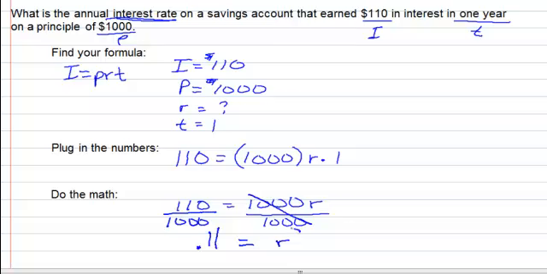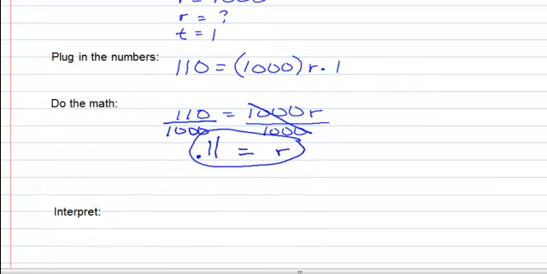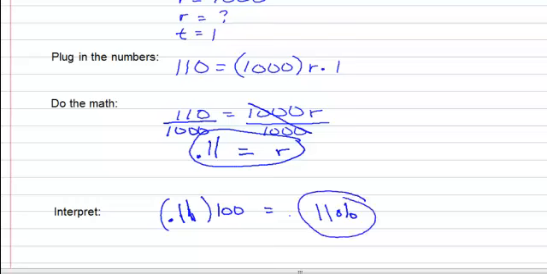Now remember, when we're looking at rate, we're looking for a percent. So how do we interpret this? Well, we need to change it to a percent. So 0.11, remember we change a decimal to a percent by multiplying it by 100. So 11, and add the percent. 11% is our rate on that.